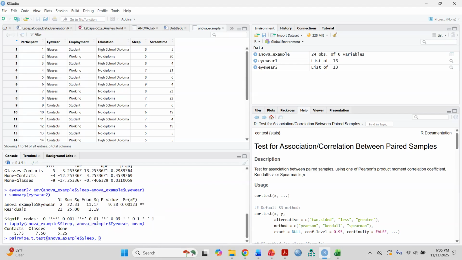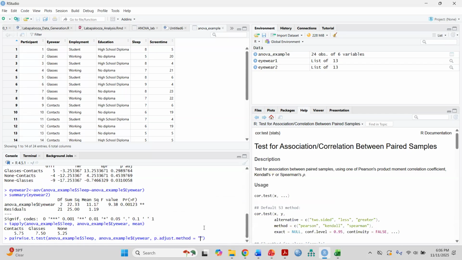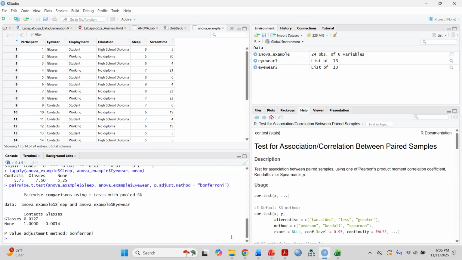You're going to specify your independent variable, eyewear, and you're going to do p.adjust.method equals Bonferroni.